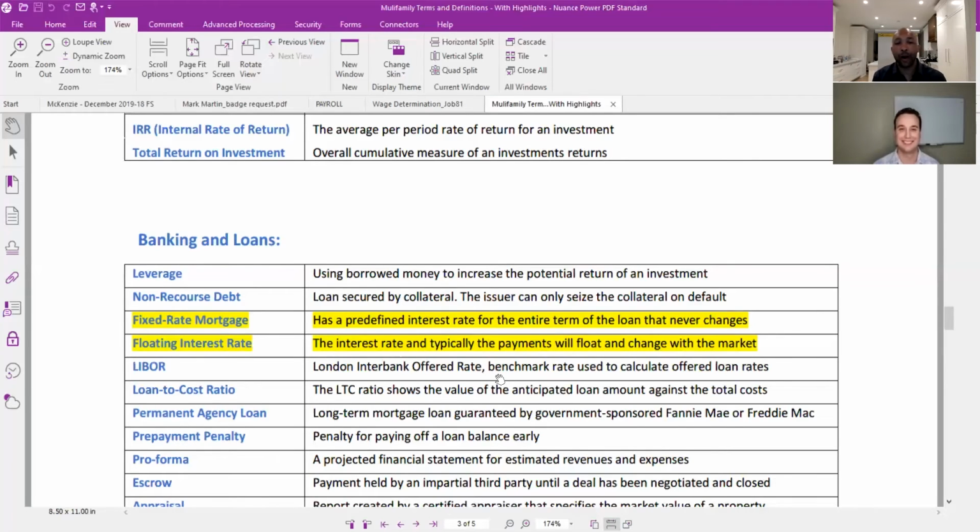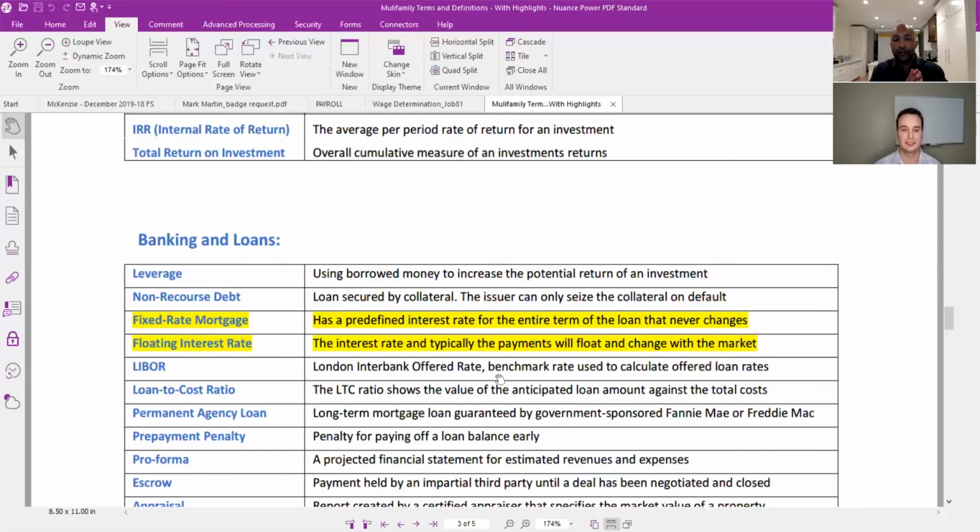So it's really just property specific. If you're going to be in a property that's short term, for a floating interest rate you typically would be able to get a lower interest rate than if it was a fixed interest rate. So if you're going to be in a property for a short period of time, it makes sense to do a floating interest rate because you're paying less interest up front.